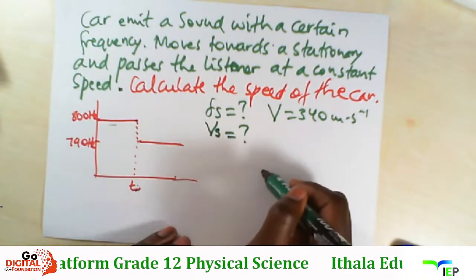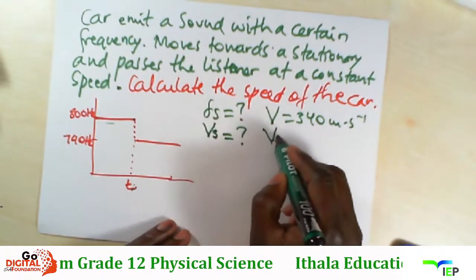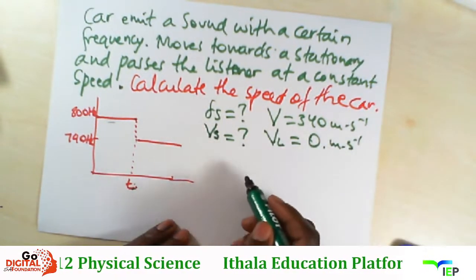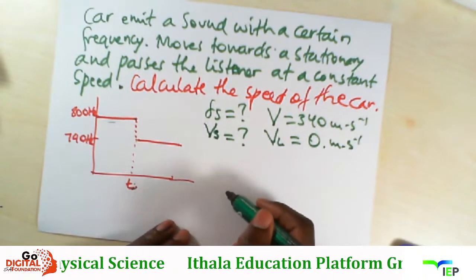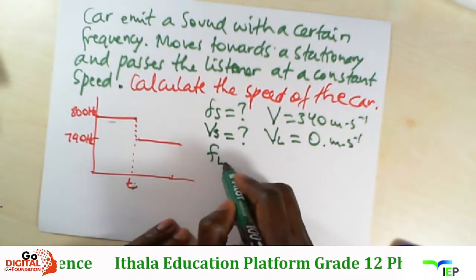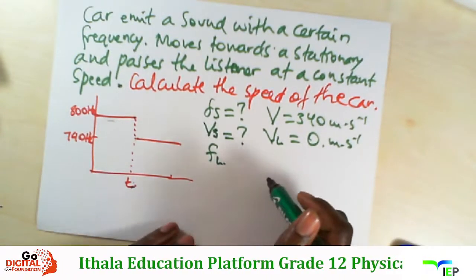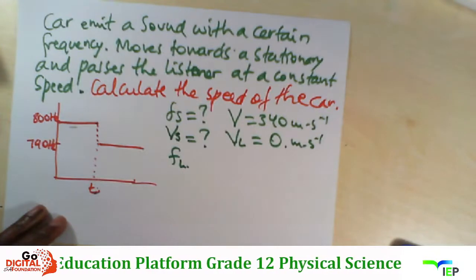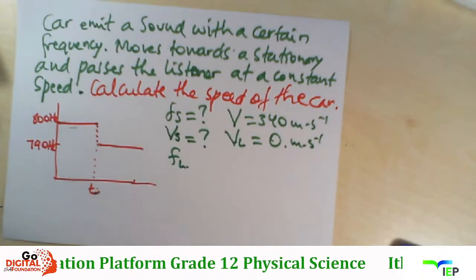That's what is the question. But the speed of the listener, we know it is 0 because we have a stationary listener. Right, the frequency of the listener, we are given two frequencies. The first one is when it's moving toward, the second one when it's moving away.